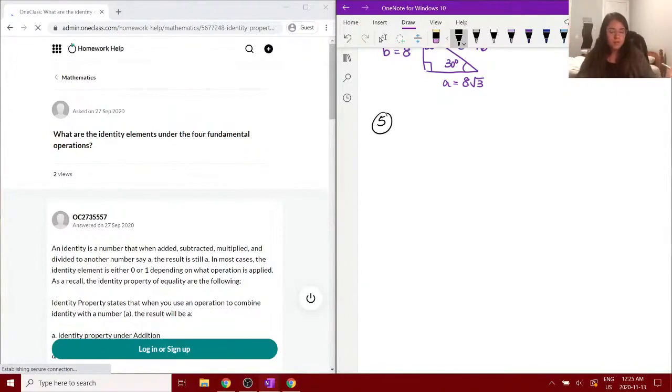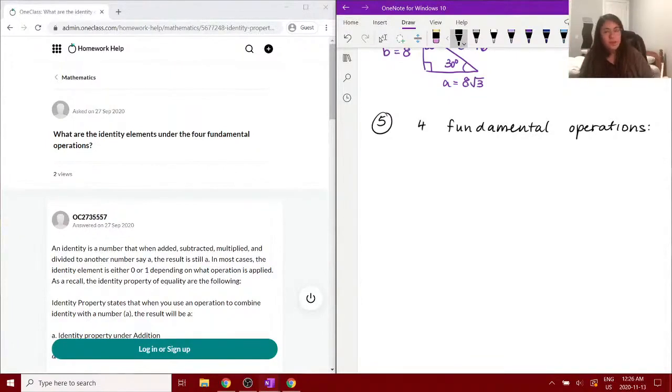So this question is asking, what are the identity elements under the 4 fundamental operations? Okay, lots of confusing terms. So first of all, let's state what the 4 fundamental operations are. Operations.